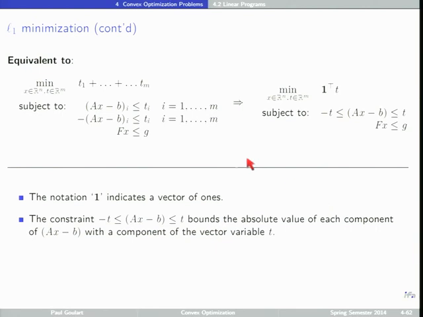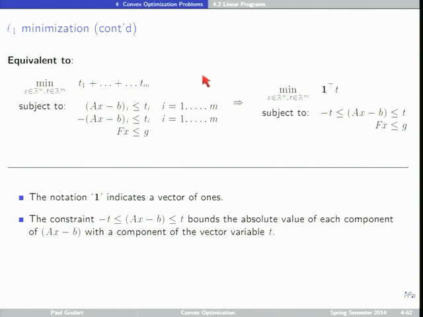So now what I do is I take each Ax minus b, so I take the first element and upper bound it by some number t1, and then I change the sign and upper bound that thing by t1 also. I do this for every i, and then I add up all the bounds. And I claim to you that if I minimize the sum of these bounds, I've minimized exactly the one norm of this vector.